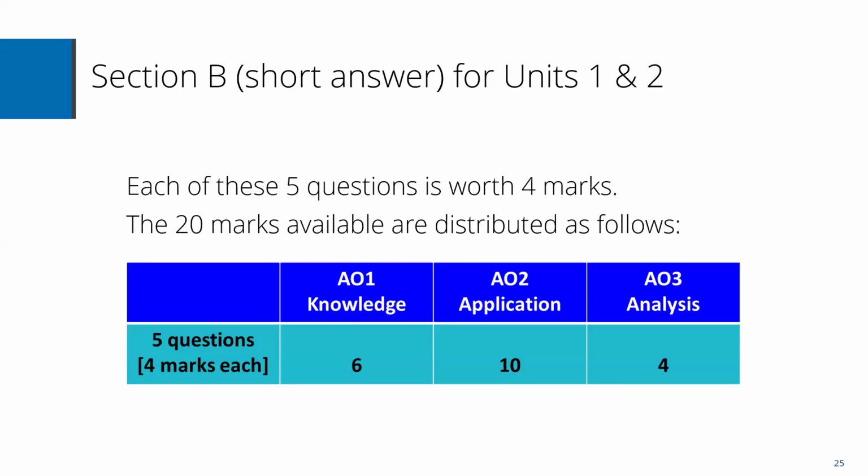AO1 knowledge, there are 6 marks available for knowledge. There are 10 marks available for application across these 5 questions, and there are 4 marks available for analysis across these 5 4-mark questions. So that is always the case for every Unit 1 and every Unit 2 exam paper.